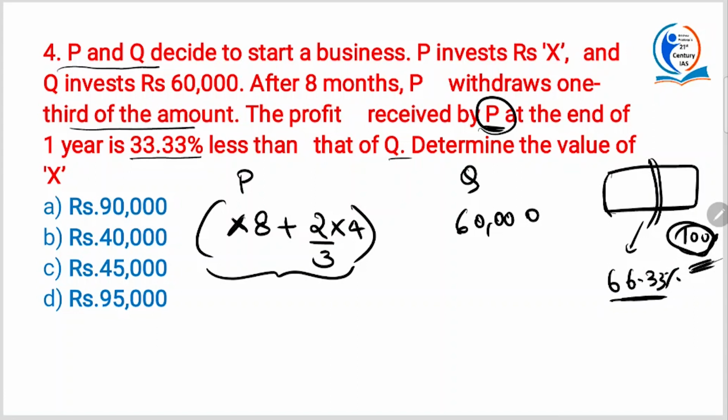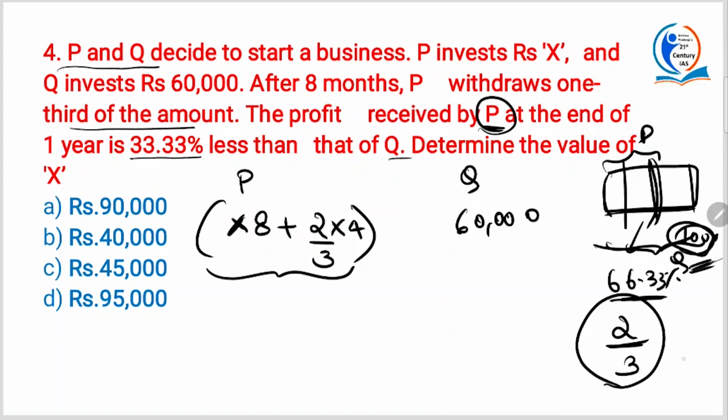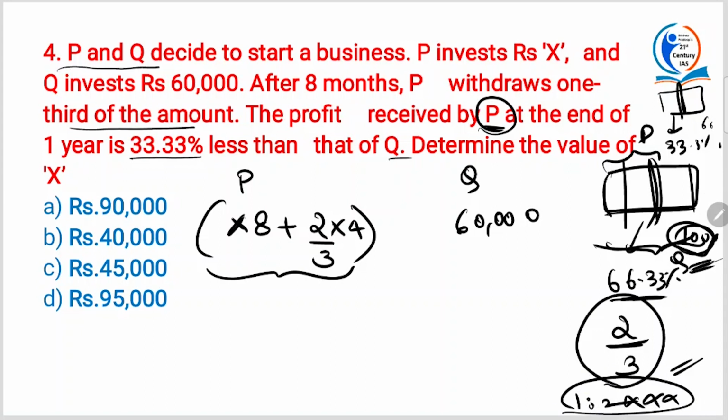Okay, so how much is this in the fraction form? If you're dividing it into 3 parts, now P will be 2 parts and Q will be how much? Q's profit will be 3 parts. So it is 2 by 3. Okay, this is the correct ratio. You shouldn't take it as 1:2. Wrong. Because you might feel that this is 66.66%, and P's profit is 33.33% less than that of Q, so the ratio of their profits is 1:2.